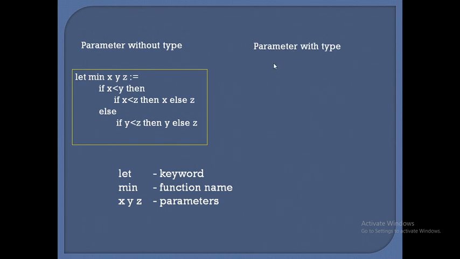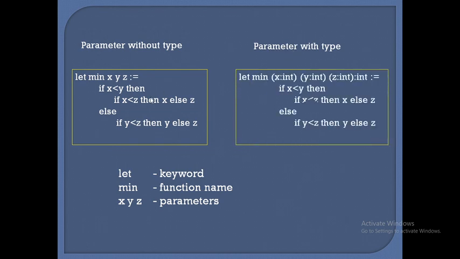Next is parameter with type. The same problem I have written here, but here I include the data type. Each variable should be included with the data type within the parenthesis.